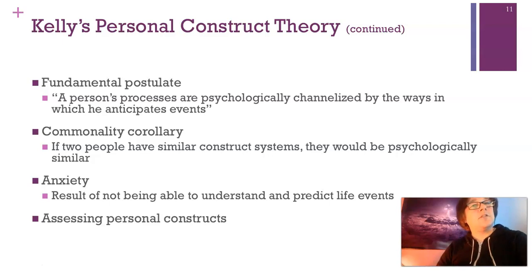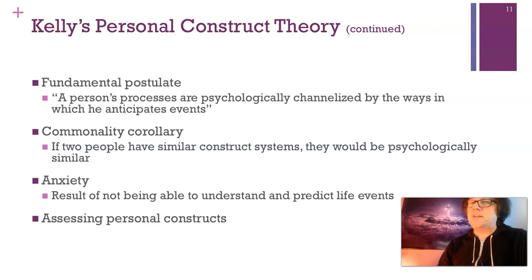If we were talking about social psychology, we might start getting into a conversation about cognitive dissonance here, right? Because these constructs might fail to describe the situation that's going on in front of us, or the circumstances that we're experiencing.